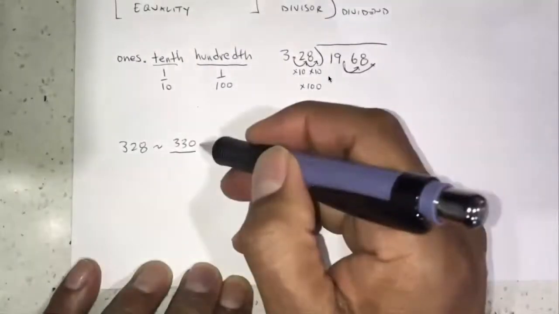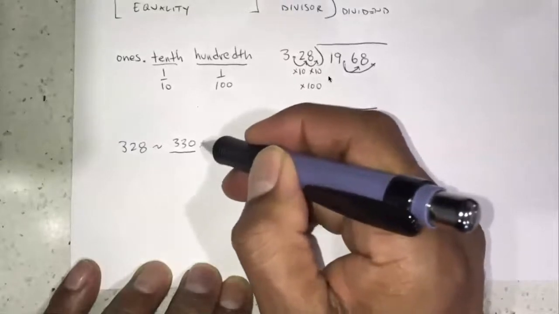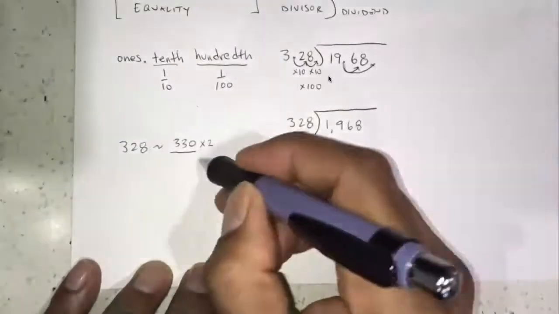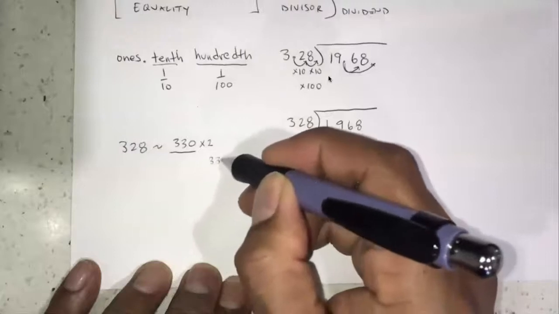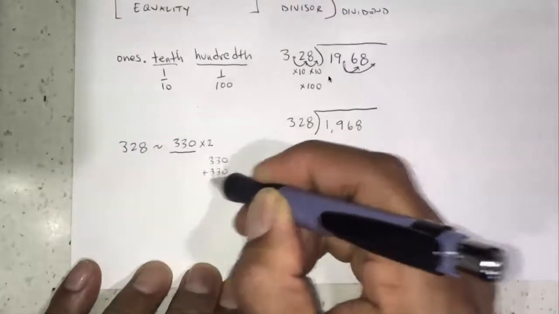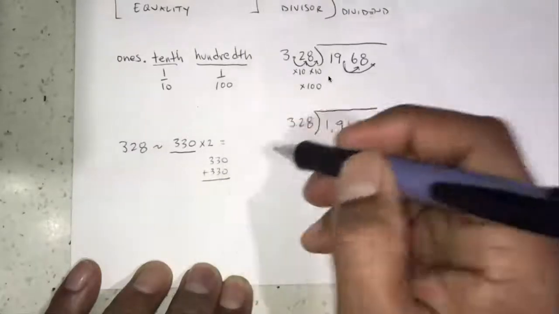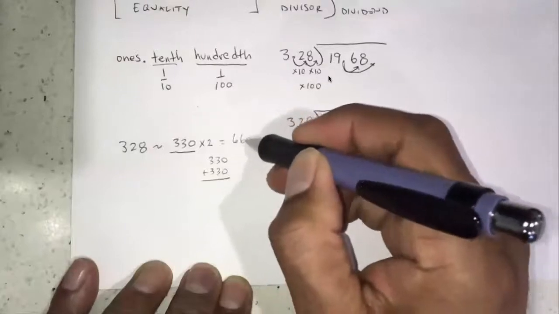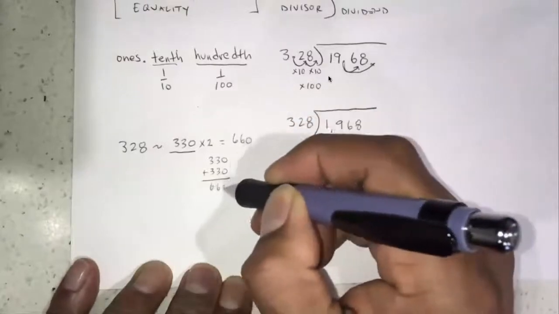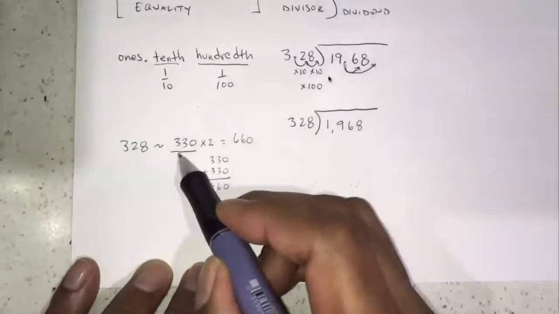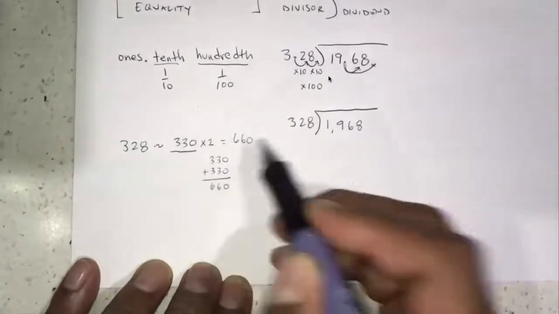If I double 330, so if I multiply that by 2, or simply add 330 plus 330, that will give me 660. So 330 times 2 is about 660.